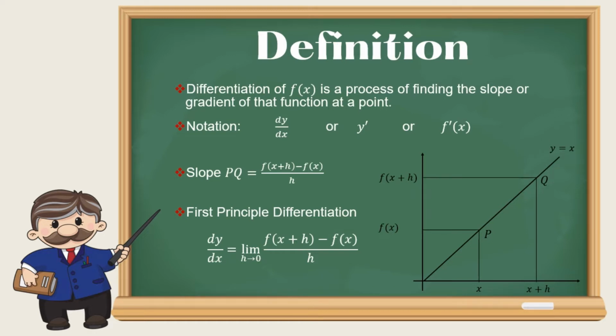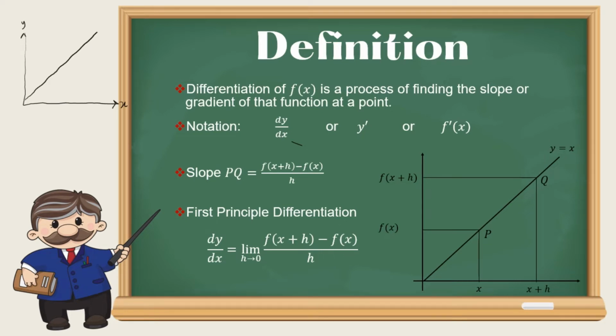Okay, so if you remember, previously you might have learned how to find the gradient of a straight line. Let's say we have a two-axis graph, with the x-axis here and the y-axis. You have one straight line on your graph.